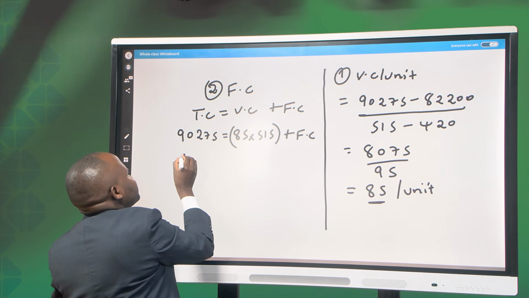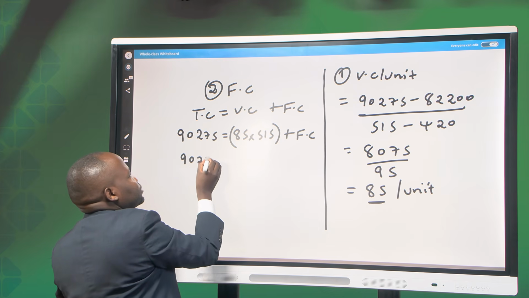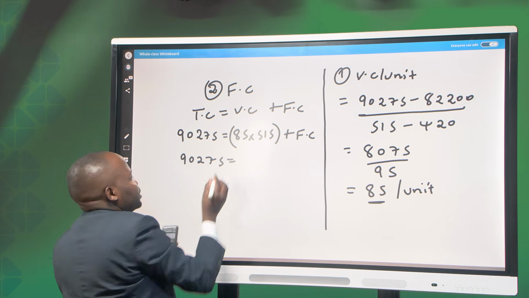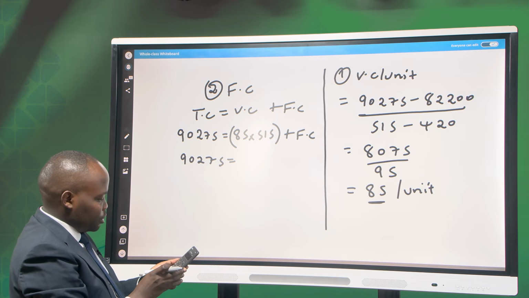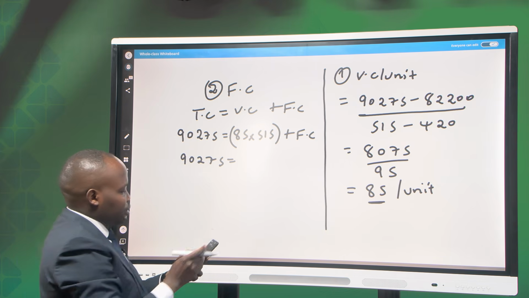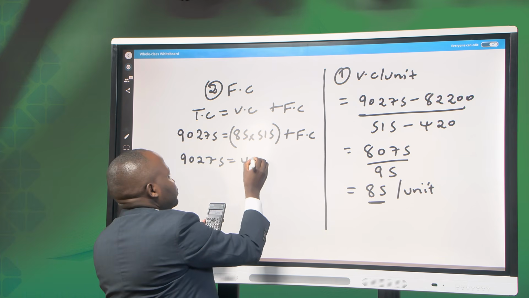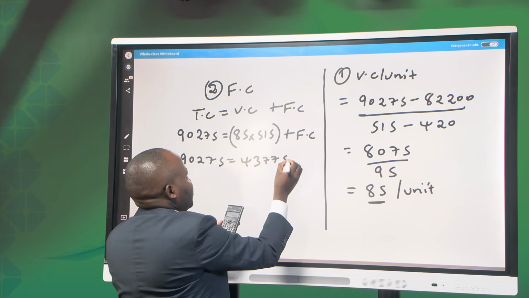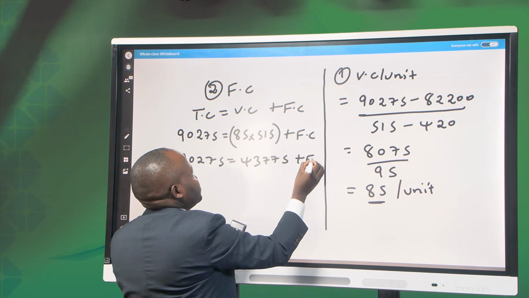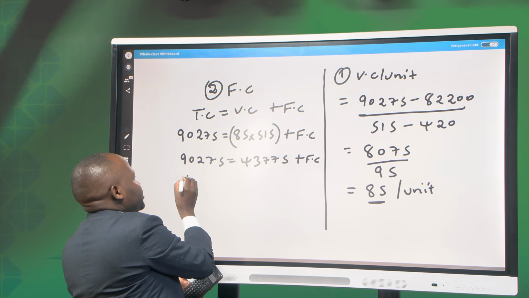So this gives us 90,275 is equals to 85 times 515, so 43,775 plus fixed cost. So we want to get the fixed cost.